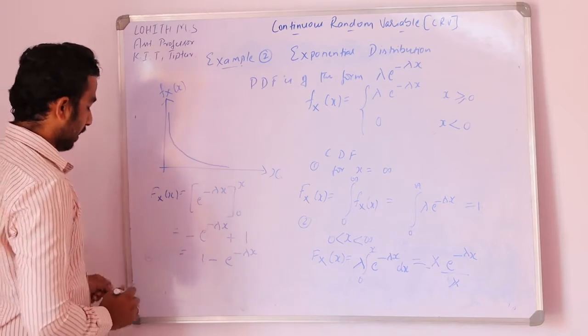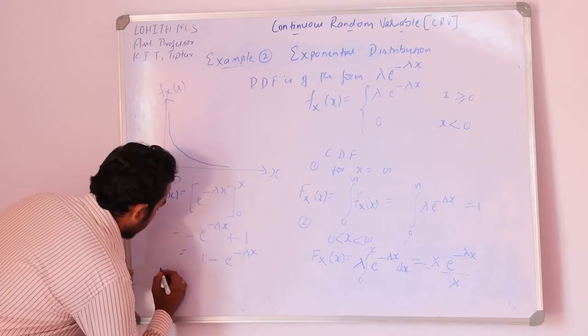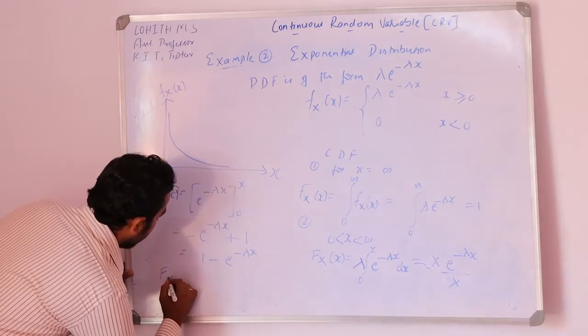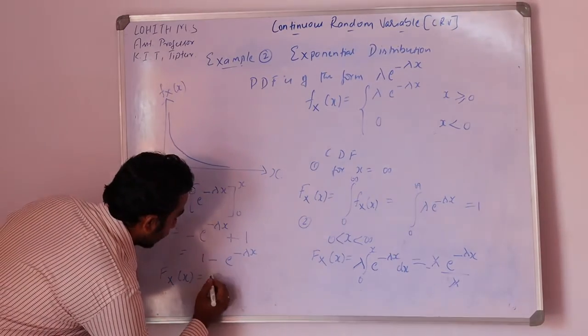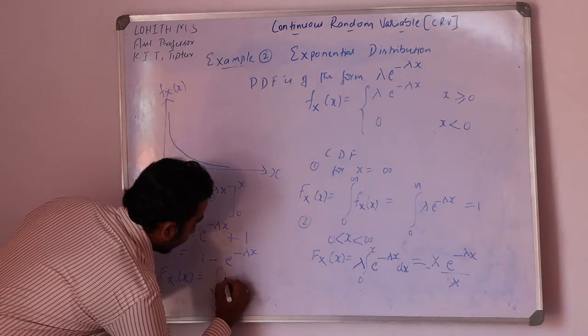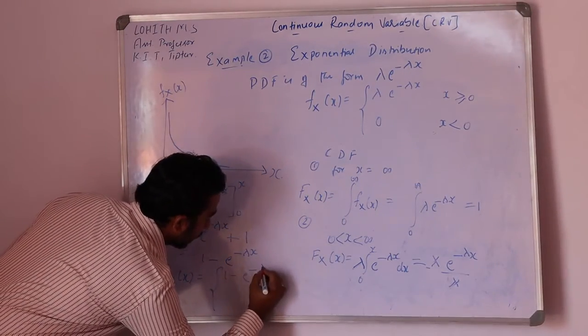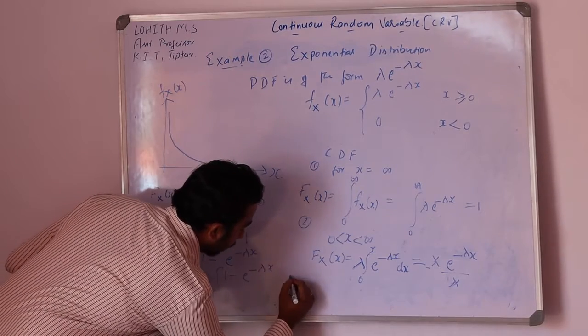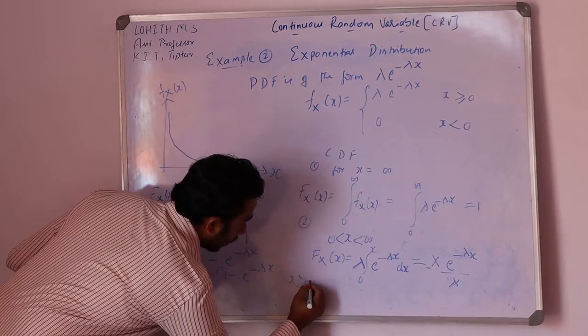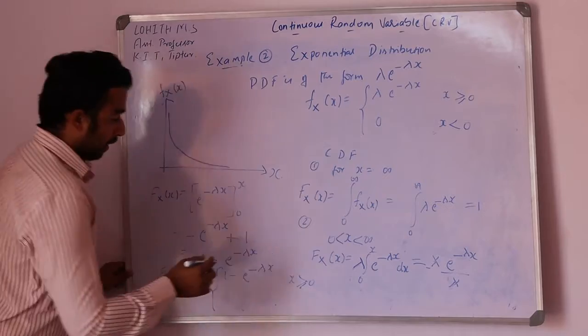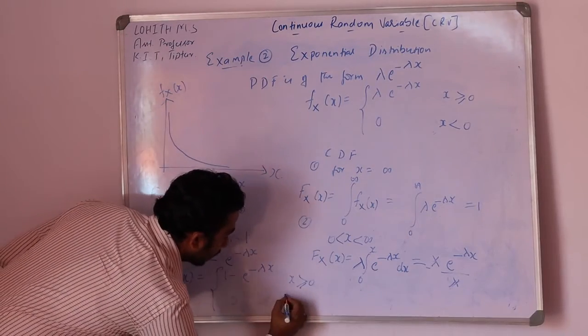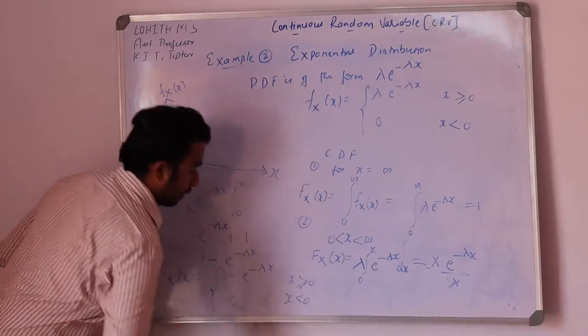So I can write the cumulative distribution function F(x) as 1 minus e power minus lambda x for x greater than or equal to 0, and for x less than 0 it is 0.